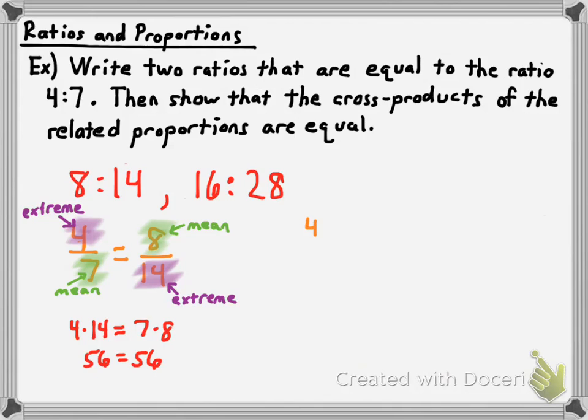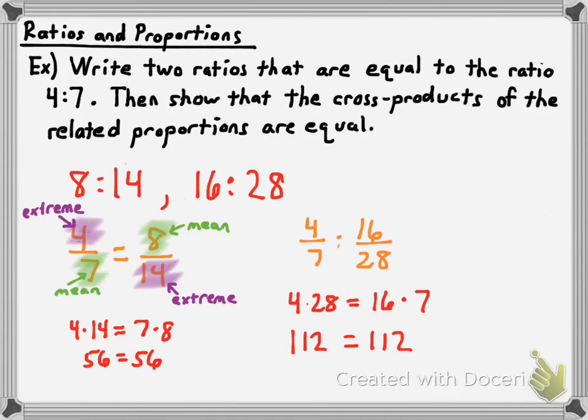For instance, I can make a proportion that says 4 is to 7 as 16 is to 28. And then we'll show that the cross products are equal. That would be 4 times 28 equals 16 times 7. And both of those cross products are equal to 112, so you can see that that's true.